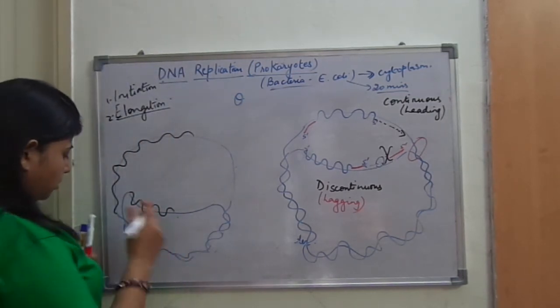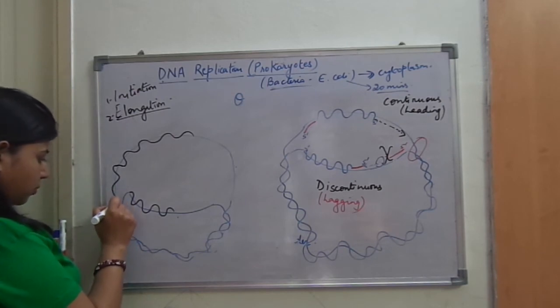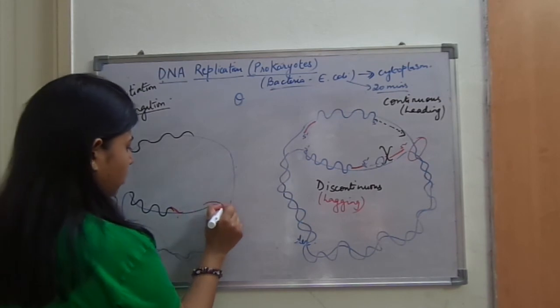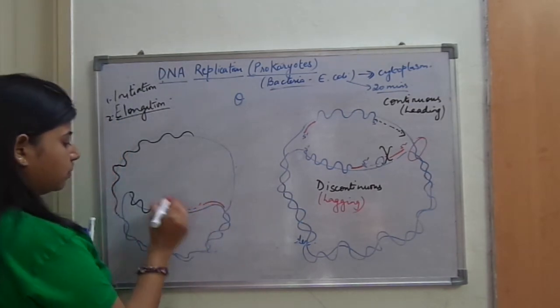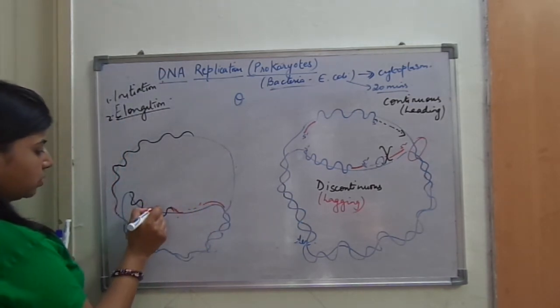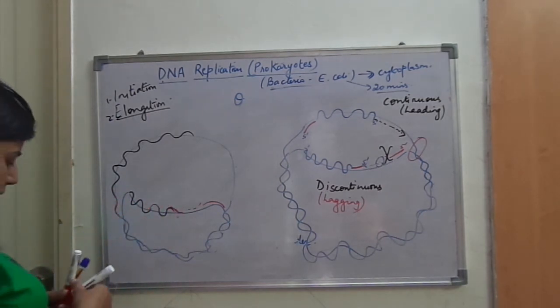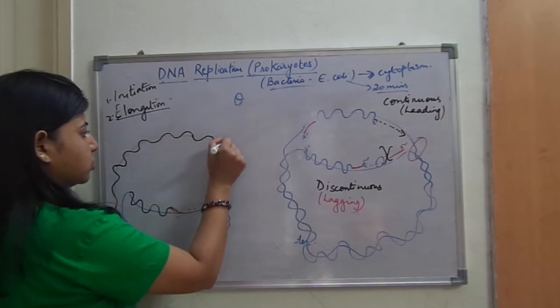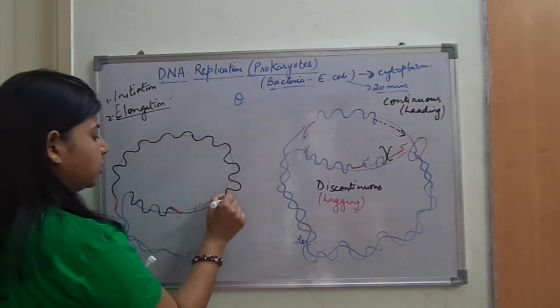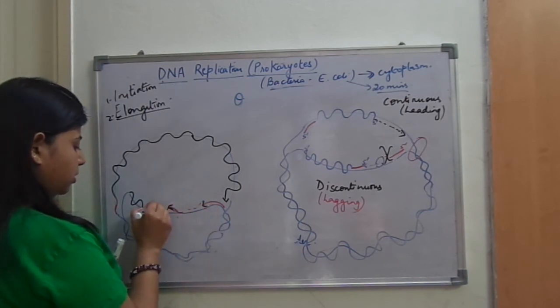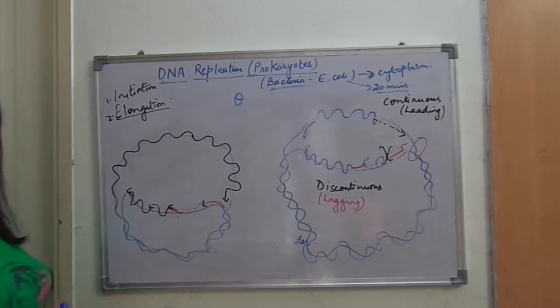and I didn't show this part, but actually the RNA primer is still attached. Now one RNA primer over here and second one over here, and maybe some third one over here. These red ones are the RNA primers, and here the replication is continuing in the leading strand in this way, and here replication is continuing in this strand in this direction.